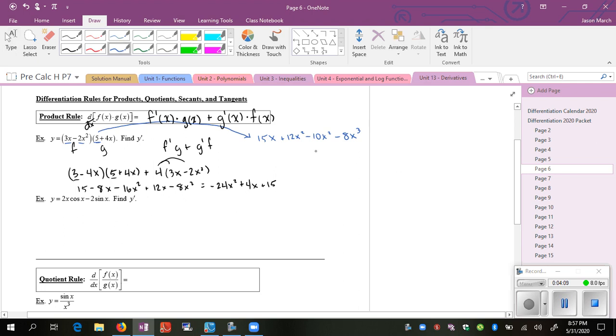So if I combine like terms again, here we get 15x plus 2x squared minus 8x cubed.